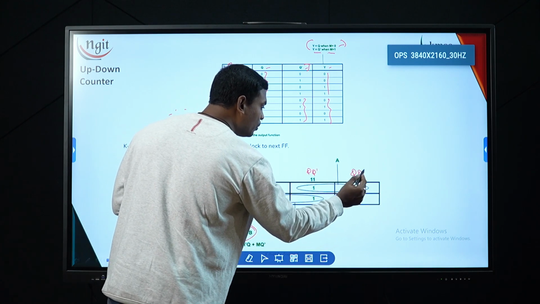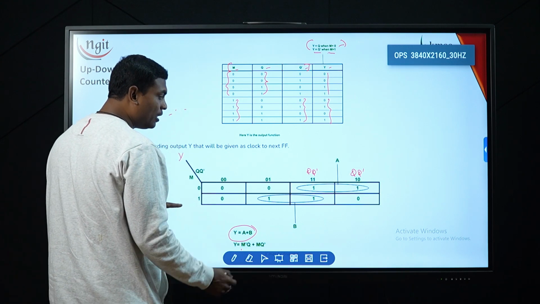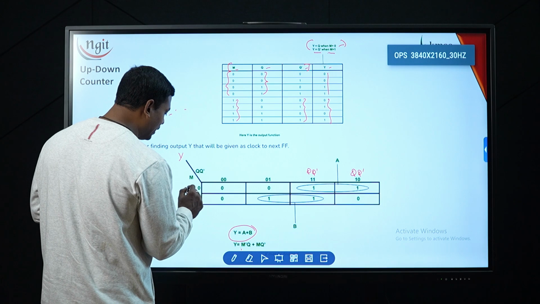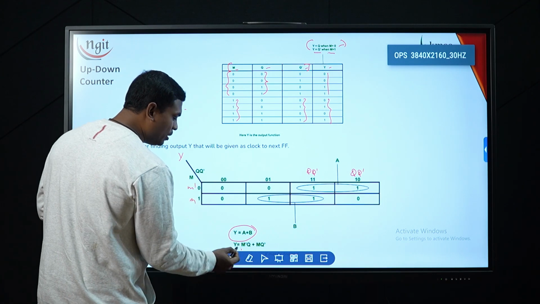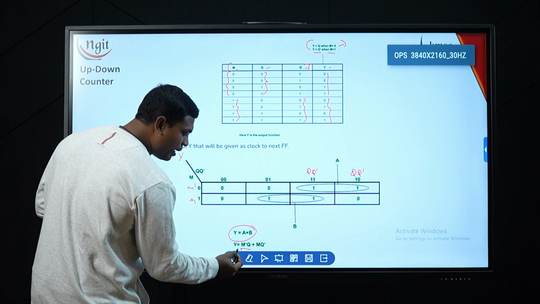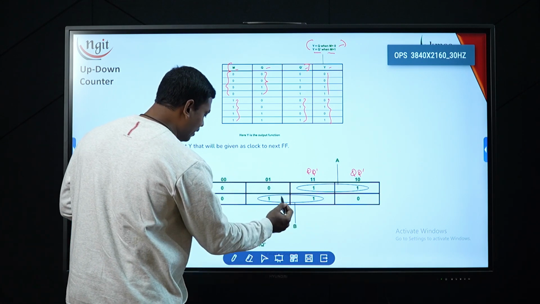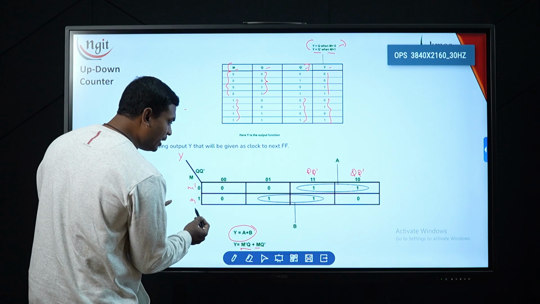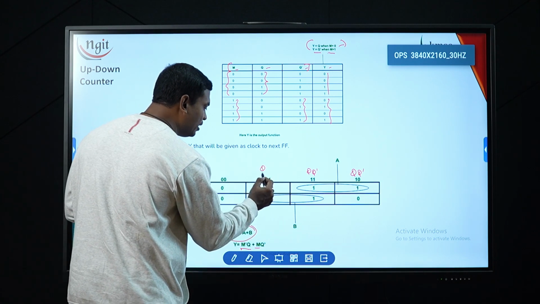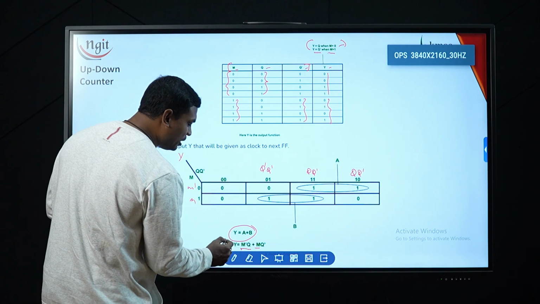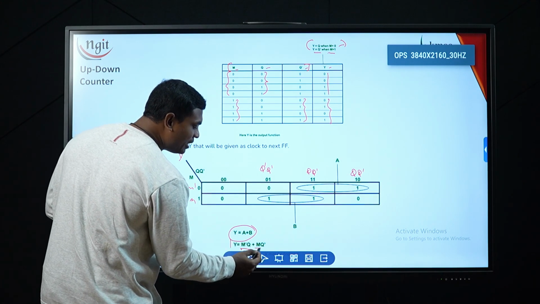So the first value A stands for M bar Q. Next value is M on the left side, and on the top side the common thing is Q bar. So M Q bar. So my expression is Y is equal to M bar Q plus M Q bar.